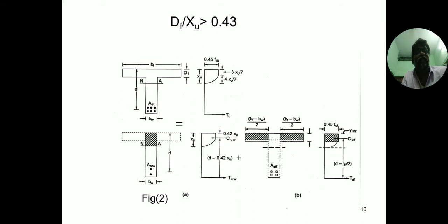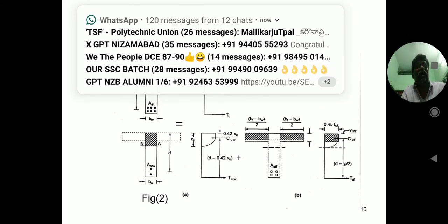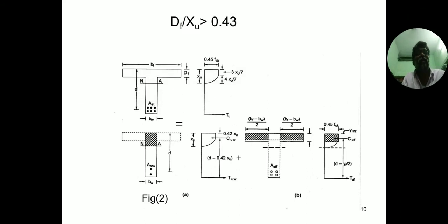Here it is, the figure: the web BW, neutral axis, stress block. Here the CG, here the compressive force at 0.42 XU, lever arm D minus 0.42 XU, plus the compressive force in the flange, that is CUF, at D minus YF by 2, that is the CG from the top.